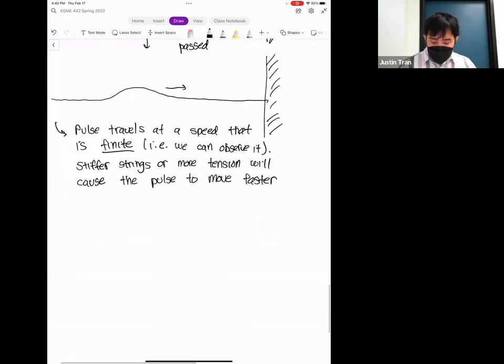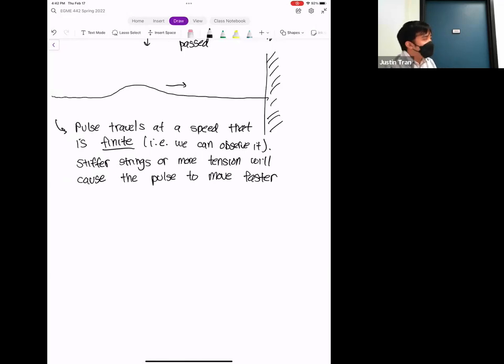Generally speaking, if you use a string of a stiffer material, or if you increase the amount of tension, then it'll cause the pulse to move faster.